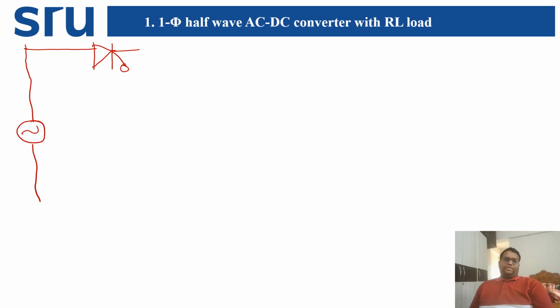Here, thyristors we are going to use, and after that, there is a resistance as well as an inductor. We are going to take it as a load and connect it like this.